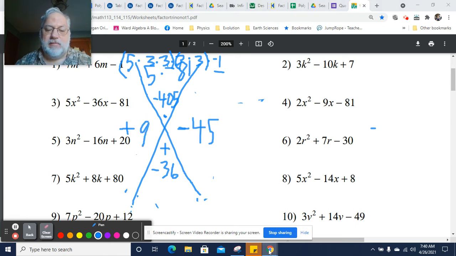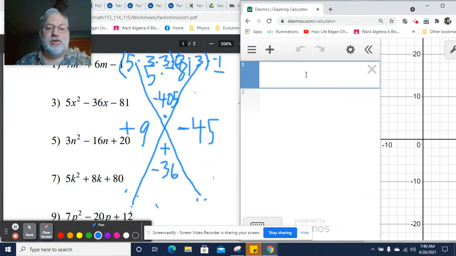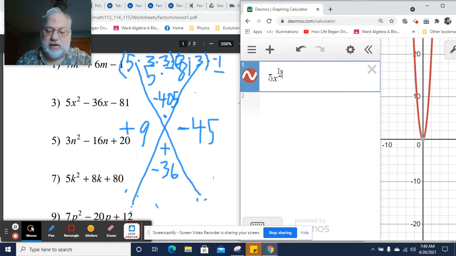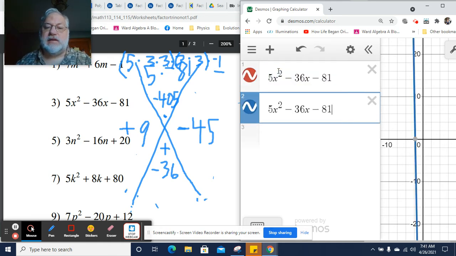Now I'm going to bring in my old friend Desmos here, and we're going to use that because I can type a lot faster here. So what I'm going to do is take this, 5x squared minus 36x minus 81, and I'm going to split 36x into negative 45x plus 9x.